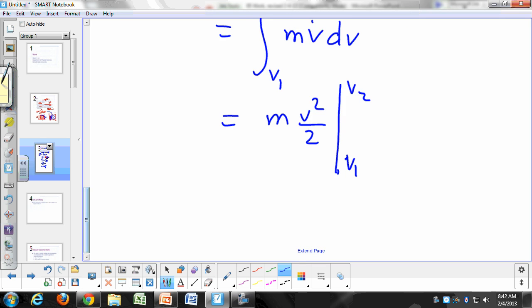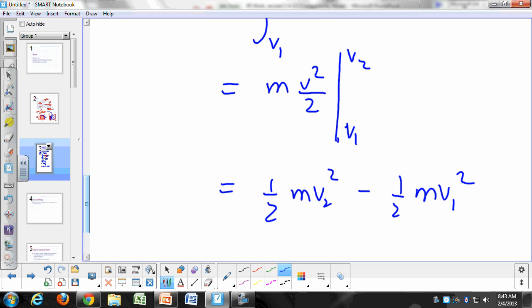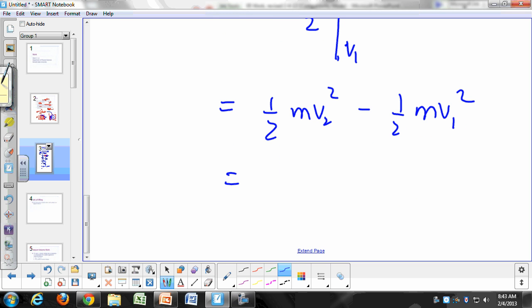And that's just going to be 1/2 m v2 squared minus 1/2 m v1 squared, which is the final kinetic energy minus the initial kinetic energy. So if you've ever wondered why kinetic energy was defined as 1/2 mv squared, that's the justification for it. It gives it the same unit as work.